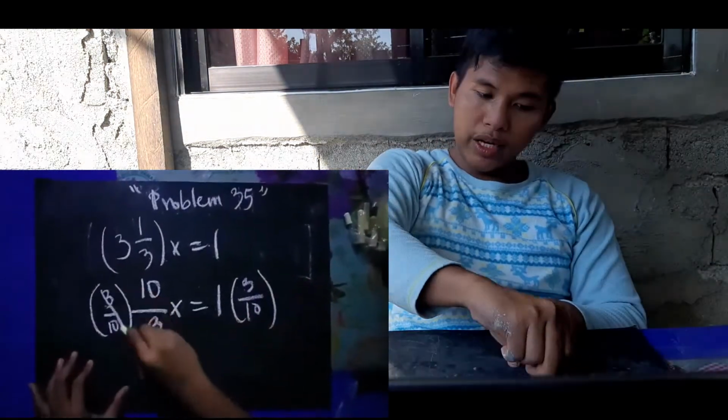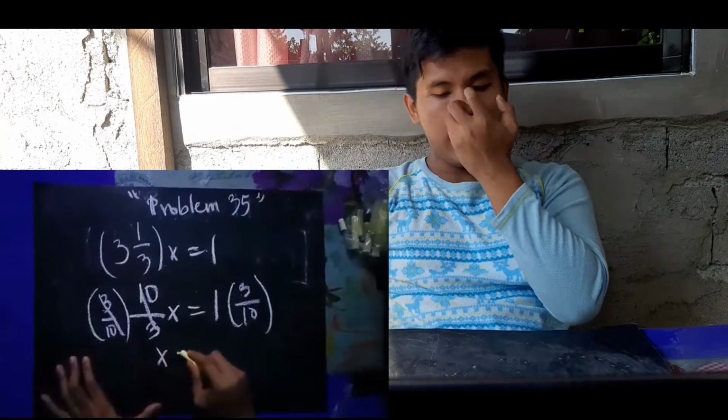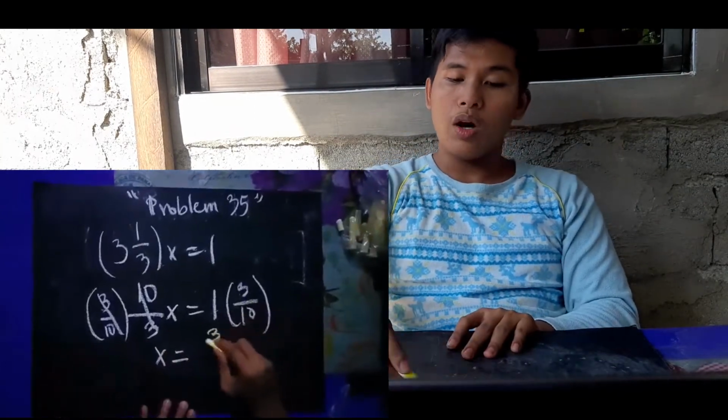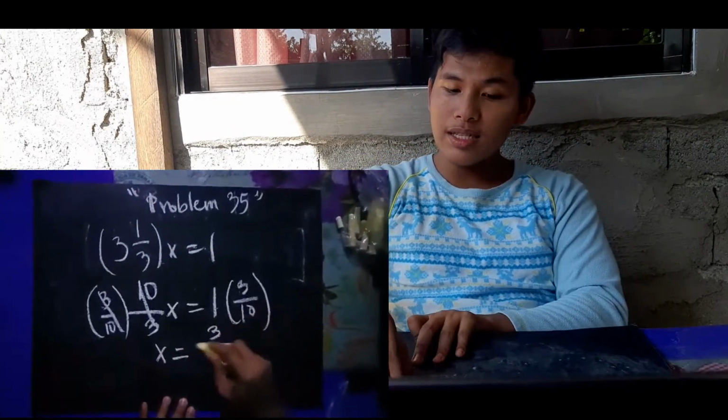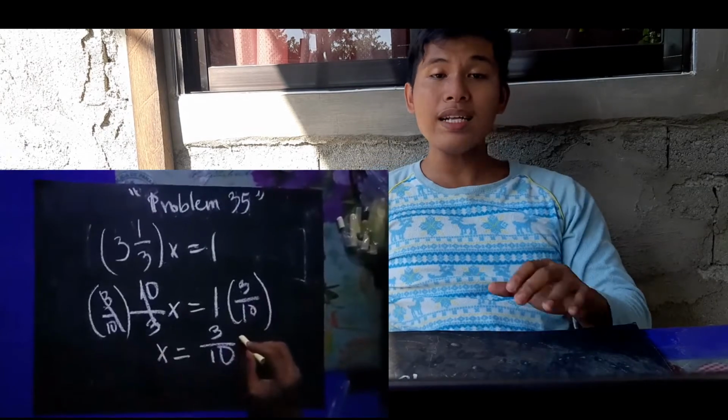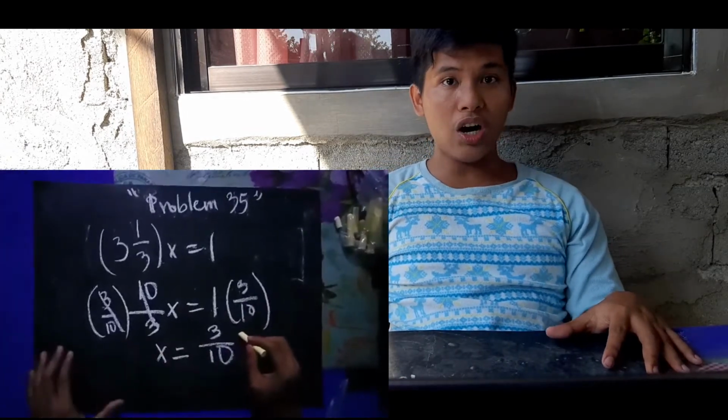So this one would cancel, and x would be 1 times 3 over 10, which is 3 over 10. So the answer is x equals 3 over 10.